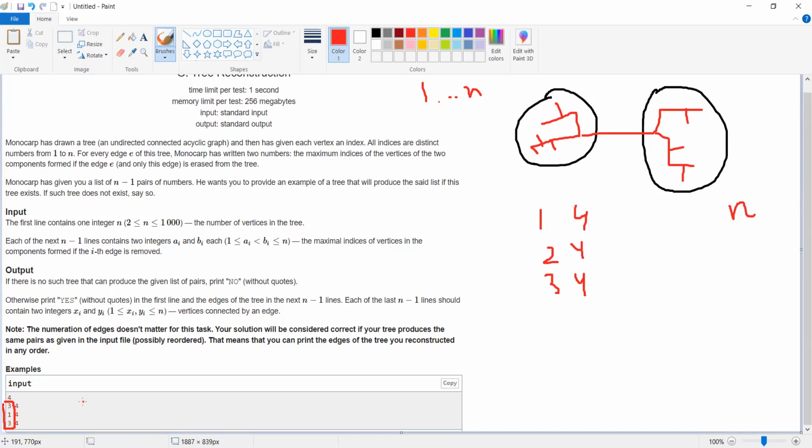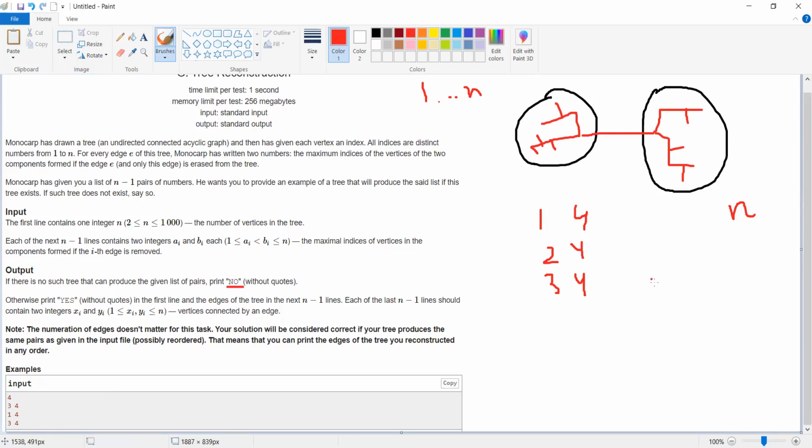It might be the first or the second number in the pair, but we must check that the maximum number is there. If there is no such number, then the input is incorrect, so we answer no.